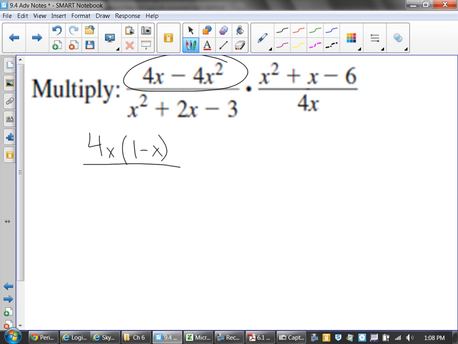What times what is negative 3, and you add together to get positive 2? I'm just factoring, I'm not writing down the problem. 1 and negative 3. What times what is negative 6 and adds together to get positive 1?